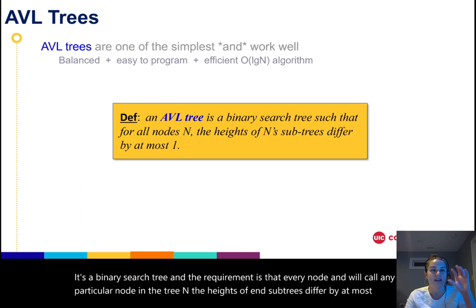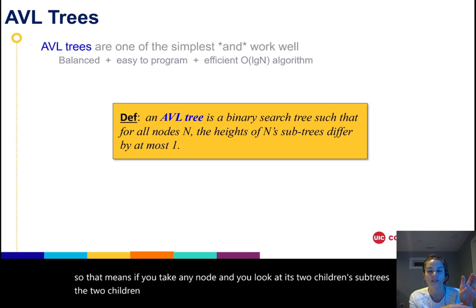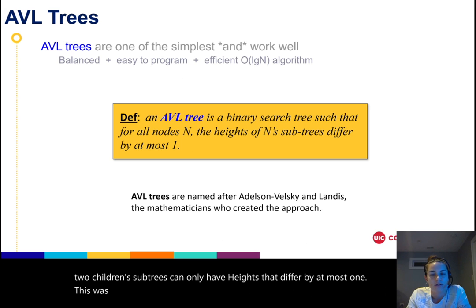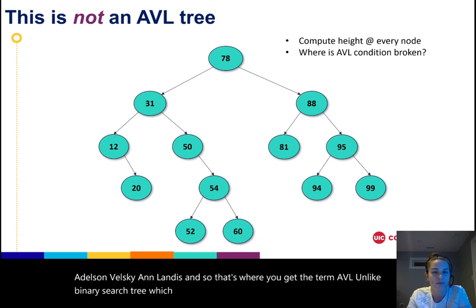That means if you take any node and look at its two children's subtrees, they can only have heights that differ by at most 1. This was named after two people, one with a hyphenated last name: Adelson-Velsky and Landis. That's where you get the term AVL, unlike binary search tree, which is an acronym of the name of the tree.